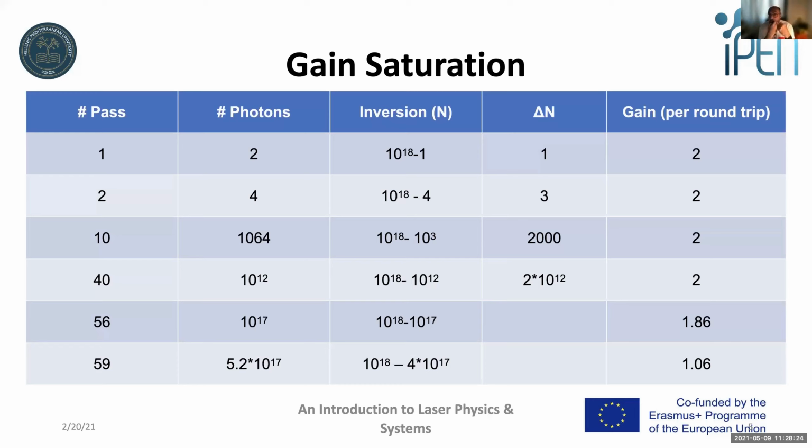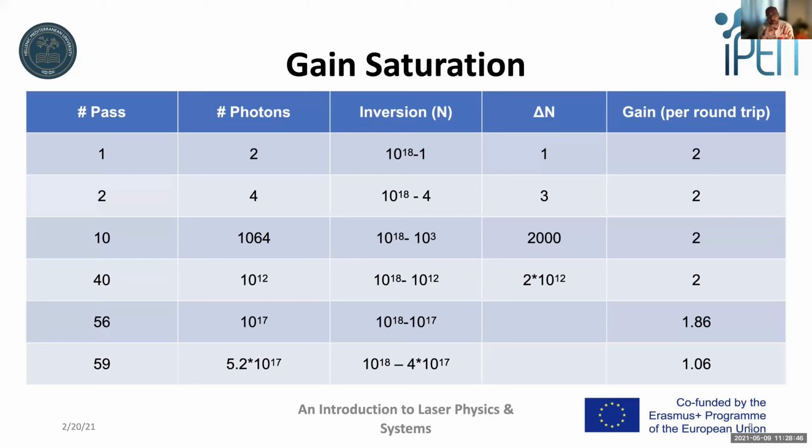So we are going to have the lowering of the inversion from 10^18 minus 4. And then we are going to have another reduction of the population inversion by 3. And then we're going to have a gain again of 2.